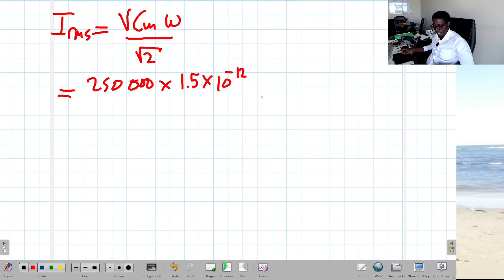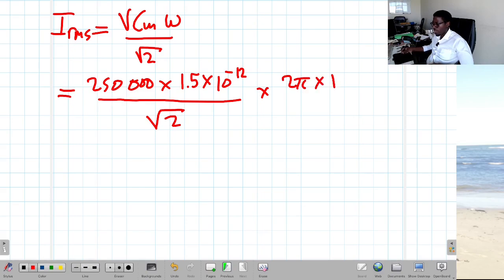That's the picofarad. And then this over root 2 multiplied by the omega. So you've got 2 pi multiplied by 1500 over 60.